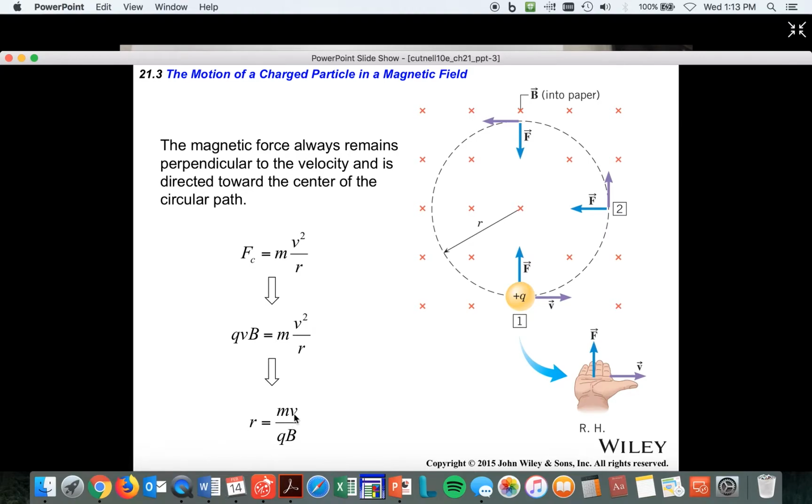Here's the equation for R based on my analysis earlier. The one with the biggest radius is going the fastest because look, v is up here. Or it could be the one with the most mass that has the biggest radius, because if it's got a huge mass, it might just keep going straight too.